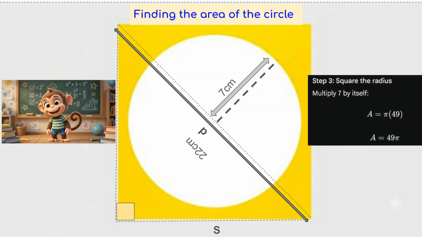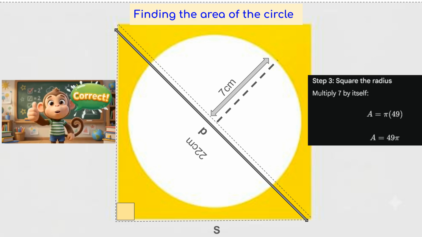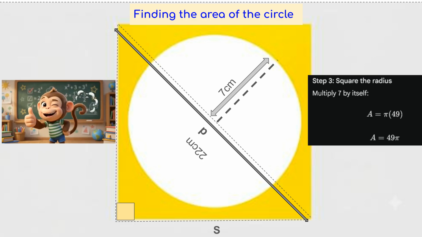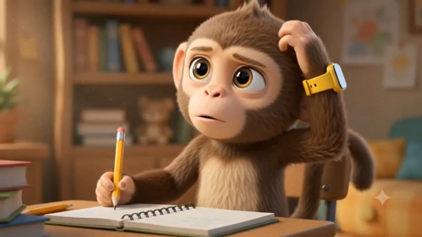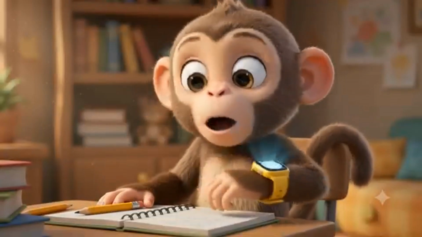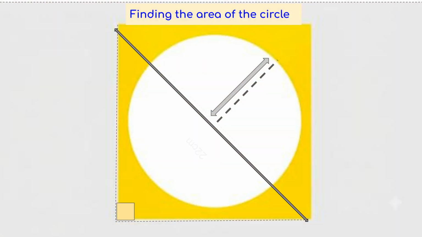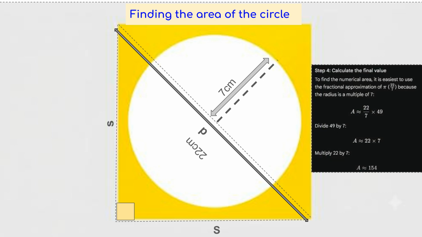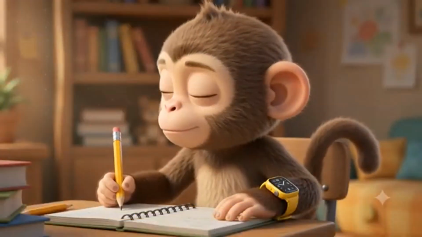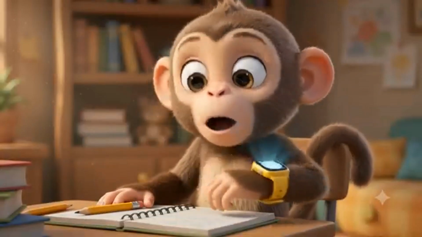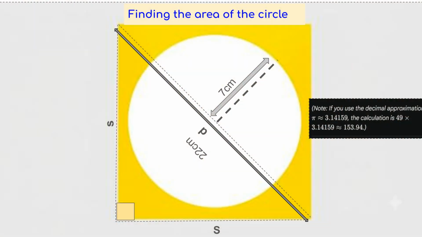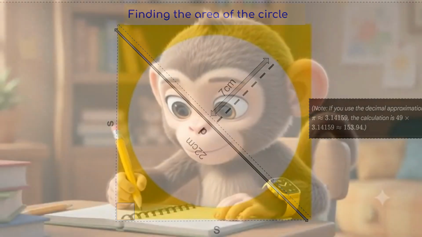Seven squared is 49, so the area is 49 pi. Using 22 over 7 for pi, we get an area of 154 square centimeters. If you take pi equals 3.14, then the area is 49 times 3.14 equals 153.94 square centimeters.